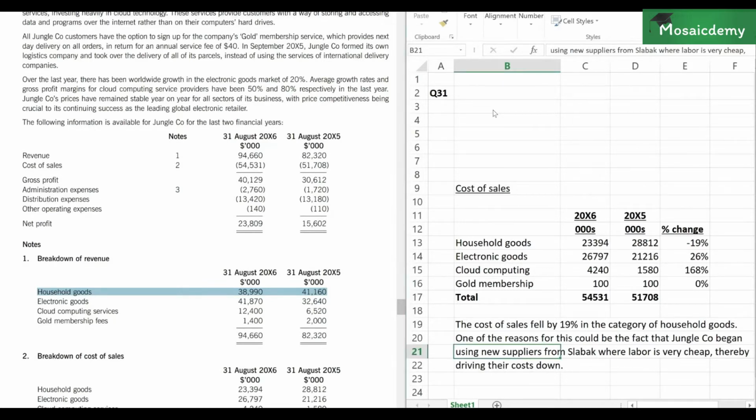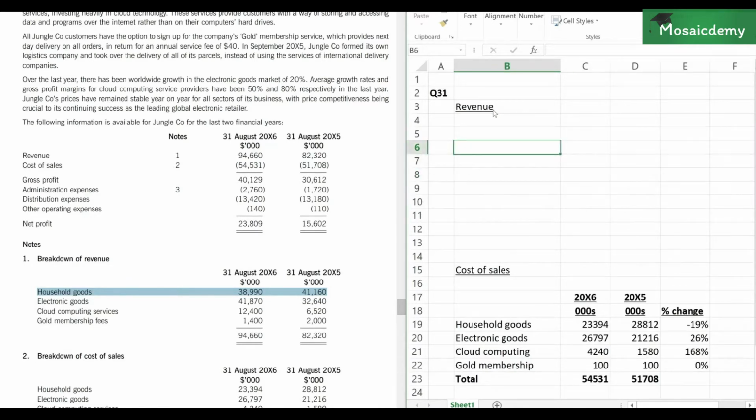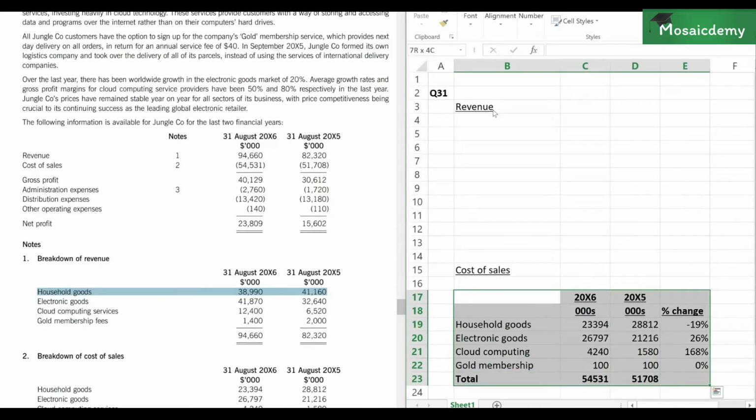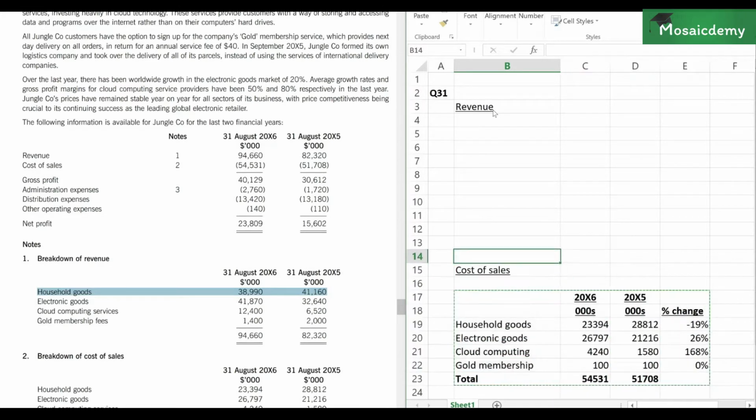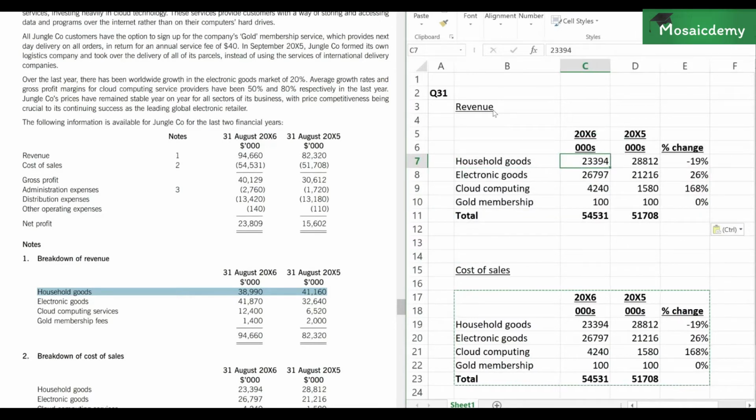So let's make a heading up here for revenue. We already have our format from down below. And the beauty of the computer-based exam is we can just copy paste all of this so that we don't have to bother with it again. So copy, paste, and let's just key in the revenue numbers now.